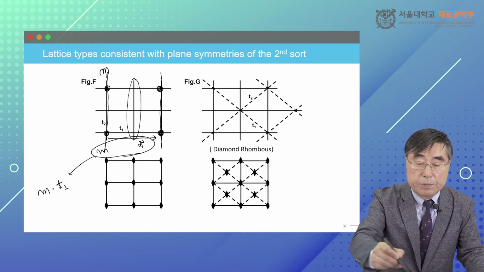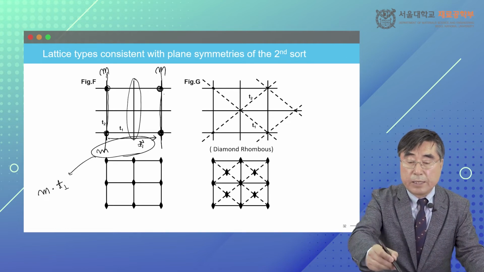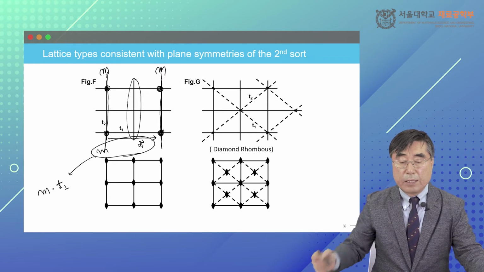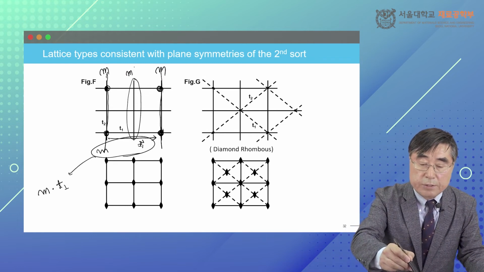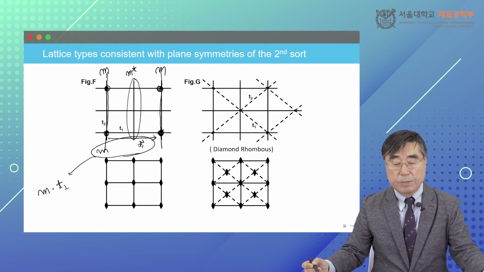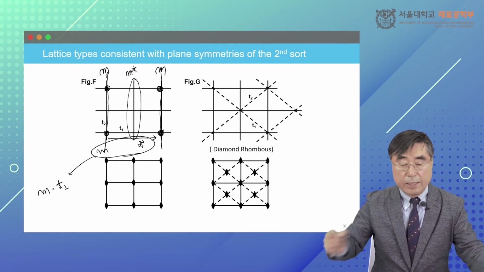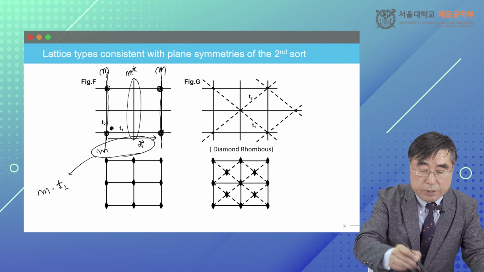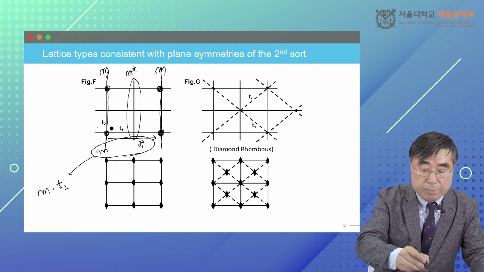So these are the mirror planes we put in the lattice points. Then we will find out that an extra mirror plane is generated in between the translation vectors. Why? Let me show you this. So let me put any object in here. Then the mirror plane generates another object, A prime.